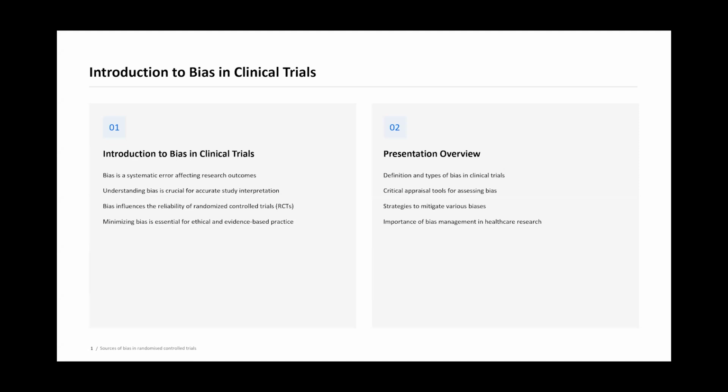For example, if the study has selection bias, the groups being compared may not be similar enough at baseline. This will lead to misrepresentation of the treatment effect. Understanding bias is critical because it helps us to critically evaluate research findings and ensure that healthcare decisions are based on accurate and reliable evidence.